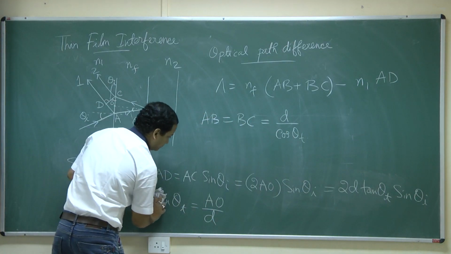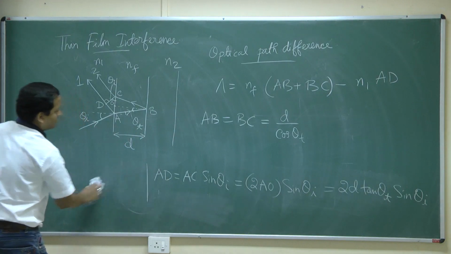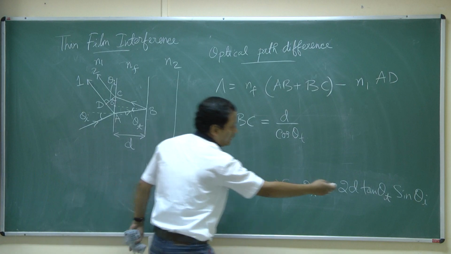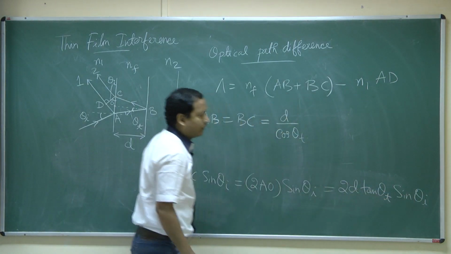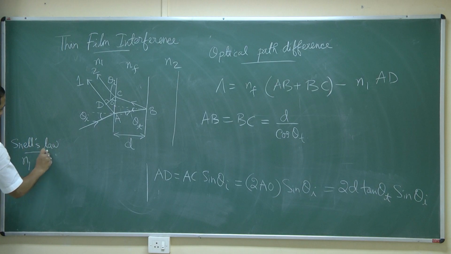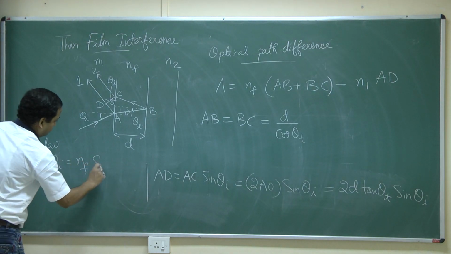Again we can use Snell's law here, because we want to write everything in terms of theta t. Snell's law tells us that n1 times sine theta I would be nf times sine theta t.